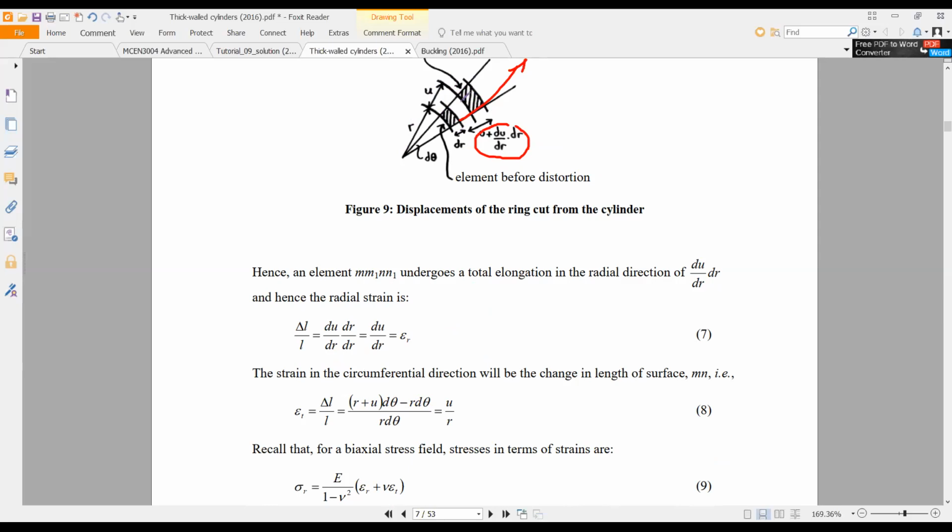That is the expansion of the circumference. Then divide by the initial circumference. When you simplify this, d theta will be cut off, and r plus u minus r, then r will be cut off, leaving u divided by r. So this is the tangential or circumferential strain.